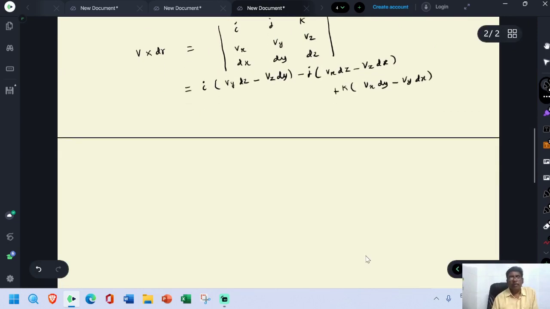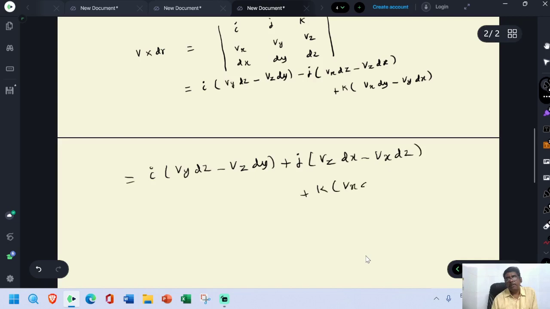Then this is equal to i into vy dz minus vz dy plus j into vz dx minus vx dz plus k into vx dy minus vy dx.